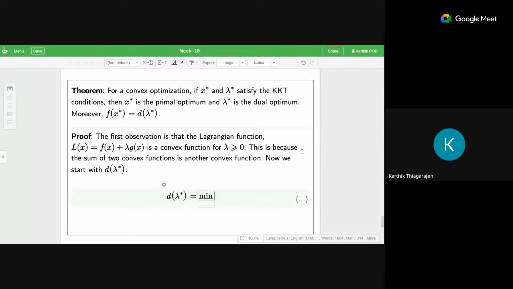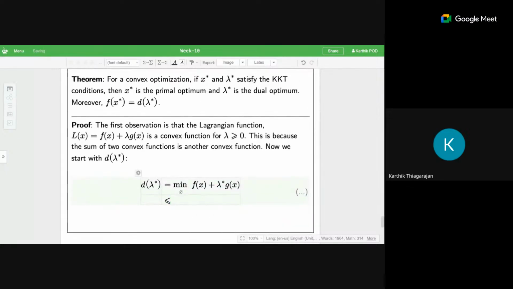Min over x of f of x plus lambda star g of x. Is that correct? Yes, sir. Okay, so now this is the minimum of the Lagrangian, right? So this whole thing is the minimum of the Lagrangian. So this is actually going to be less than or equal to what?